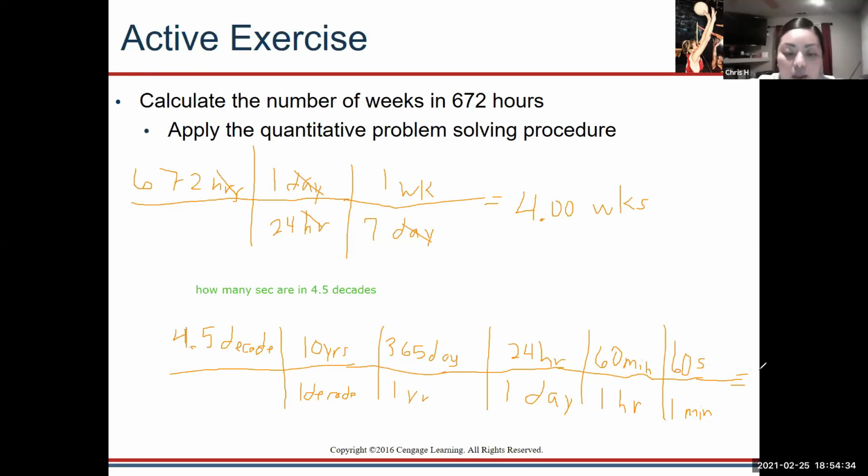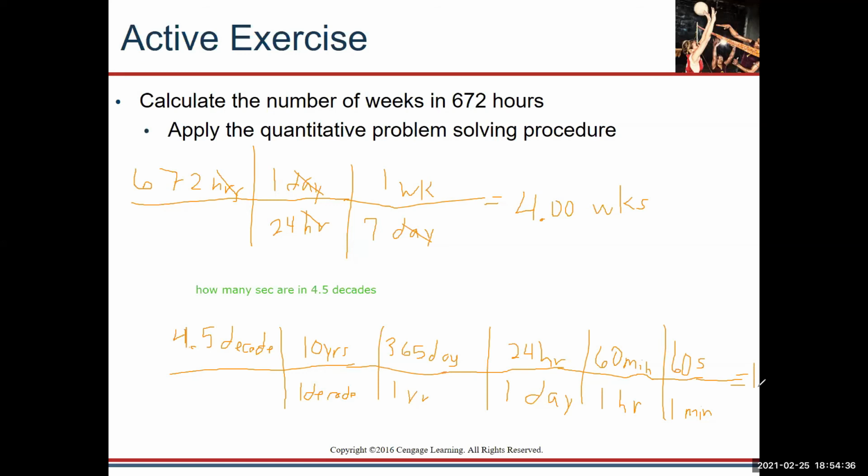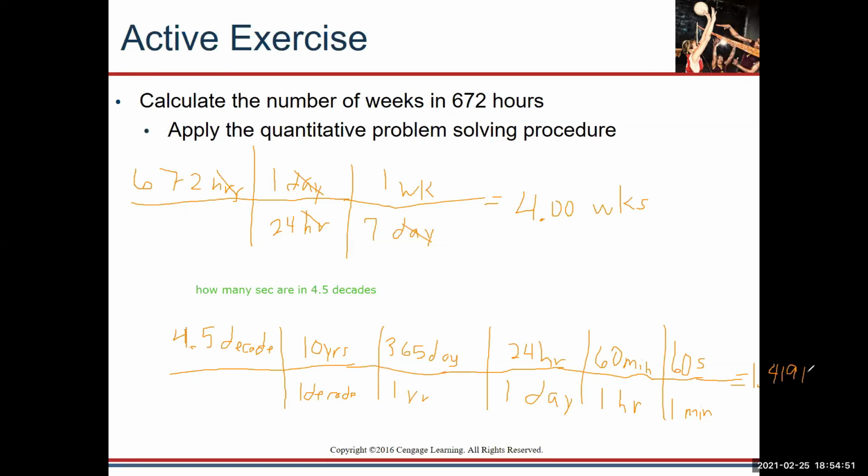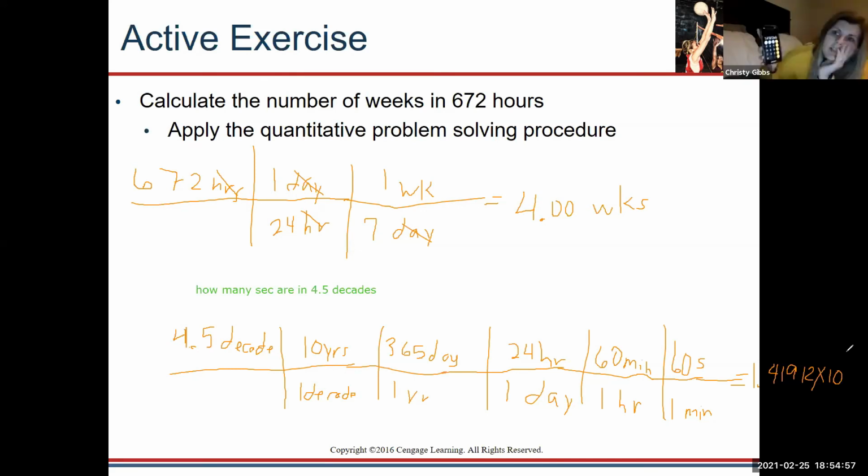So 1.41912e9. Is this little e like the power?